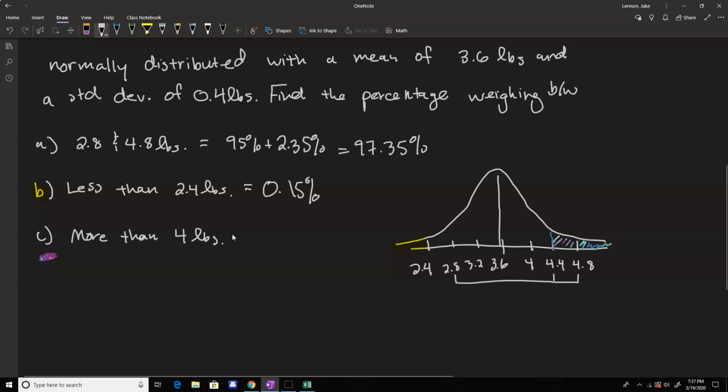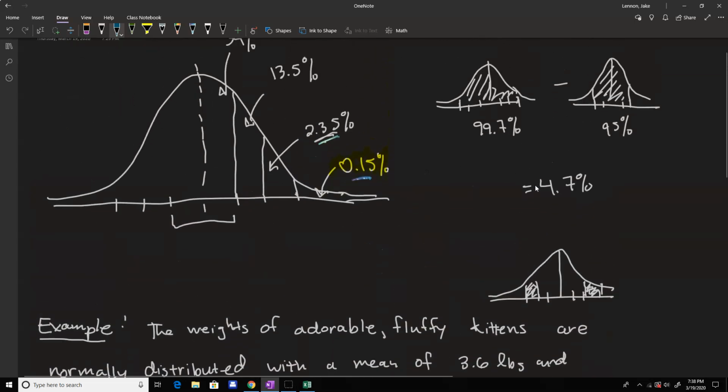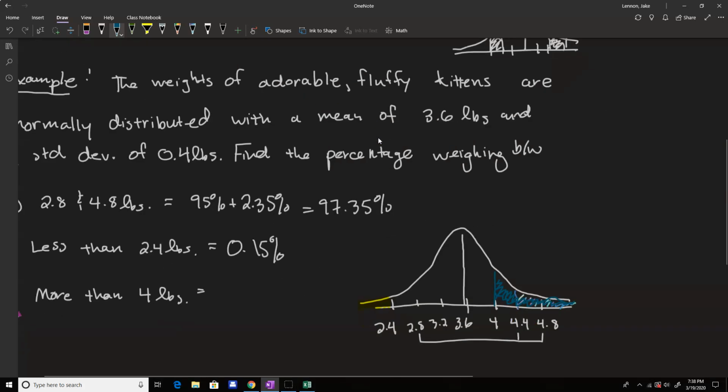More than 4 pounds, not more than 4.4 pounds. So sorry, I need to adjust that a little bit. So actually we're starting here and going on. So we're including all of that. So if we go back up, it's going to be the 13.5 plus the 2.35 plus the 0.15. So we have to add all three of those together.